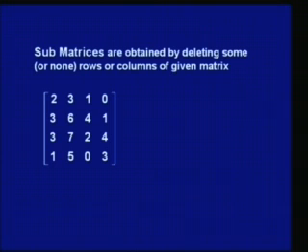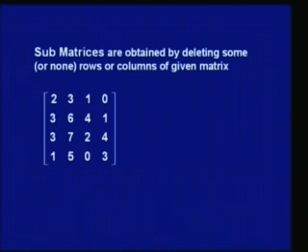Submatrices are obtained by deleting some rows or columns of a given matrix. For example, we have a 4 by 4 square matrix consisting of elements 2 3 1 0 in the first row, 3 6 4 1 in the second row, 3 7 2 4 in the third row, and 1 5 0 3 in the last row.